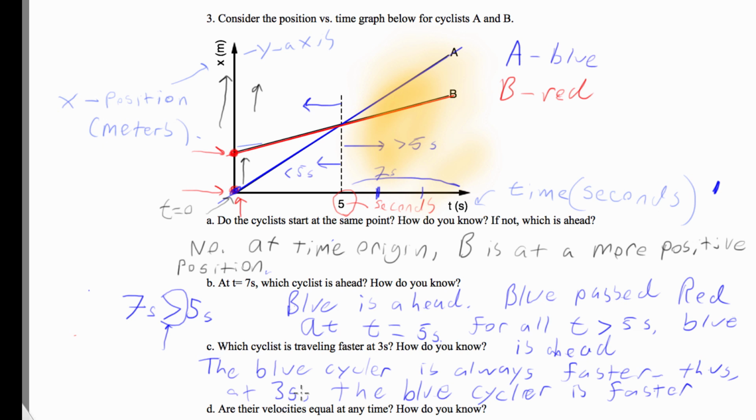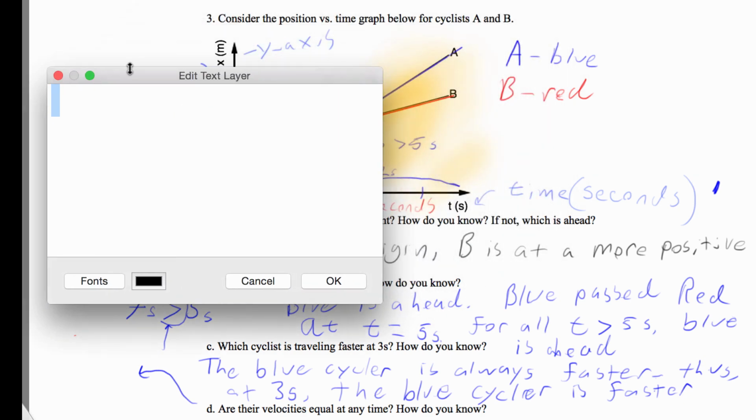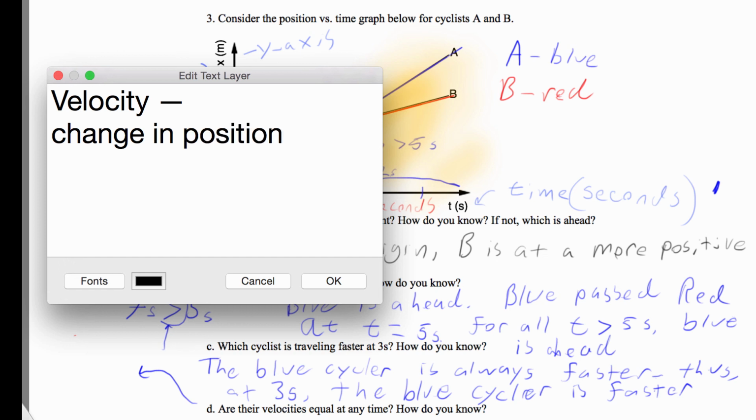Are the velocities equal at any time? How do you know? Here's a definition. Velocity is a word we haven't defined before, so I should have put that at the start. I will define it right now. Velocity, I will give the formal definition: the change in position divided by the change in time.